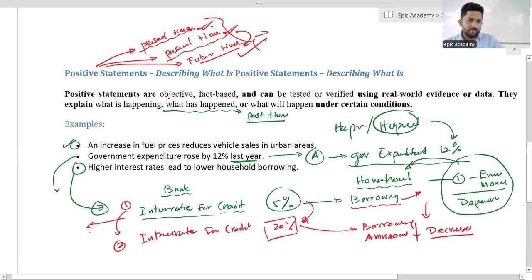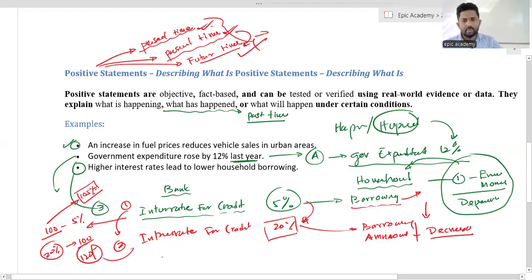As an example, if they borrow 100 rupees in the early situation, when the interest rate was 5%, they have to pay 105 in return. If the interest rate increased to 20%, if they borrow 100 rupees, they have to pay 120 rupees back to the bank.